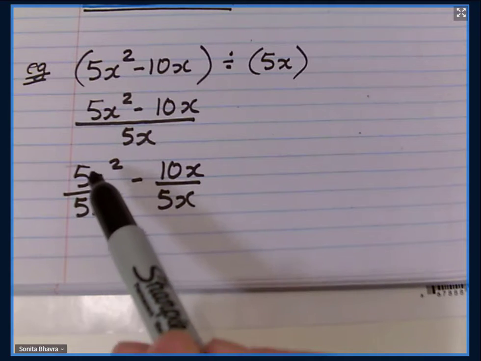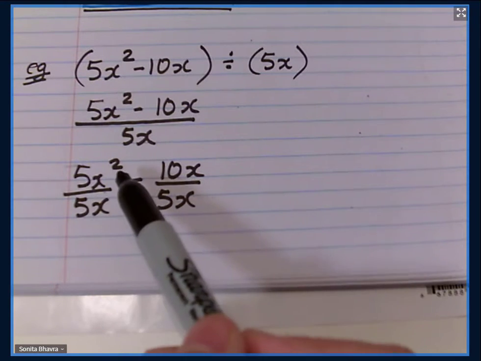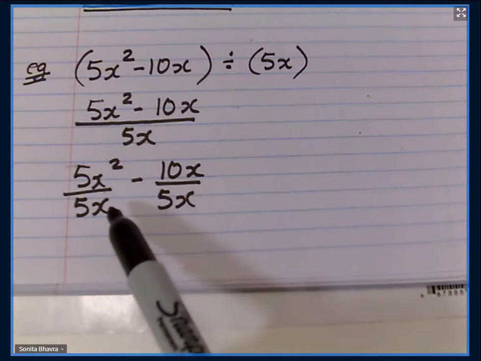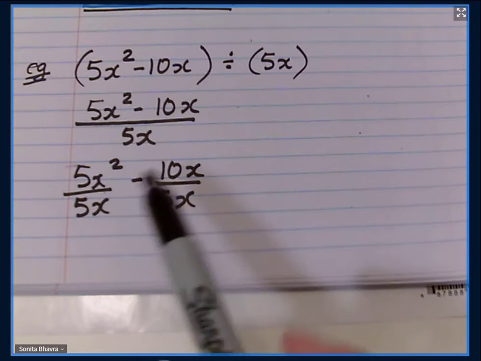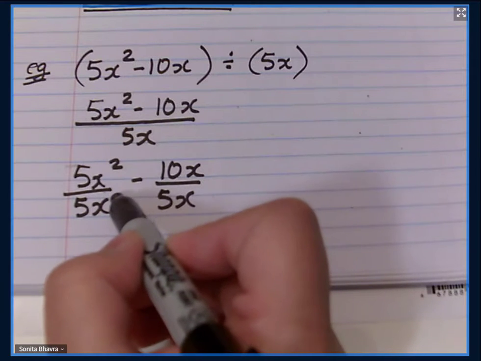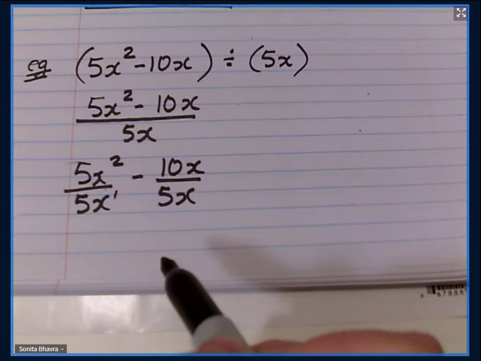All right, so 5 divided by 5 is just 1. And then x squared and x are being divided together, so you have to use your exponent laws: where you have the same base, you subtract your exponents. Recall that if there's an x here, it means there's an x to the power of 1, which is never shown.